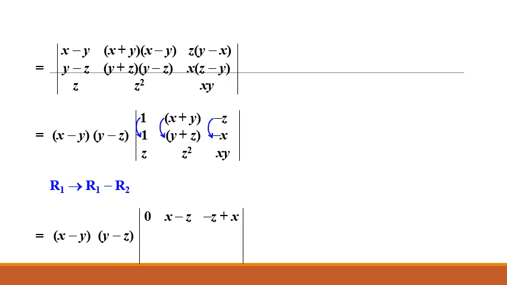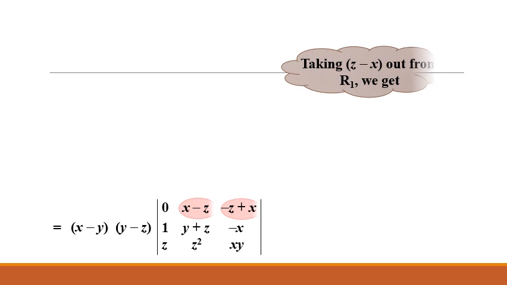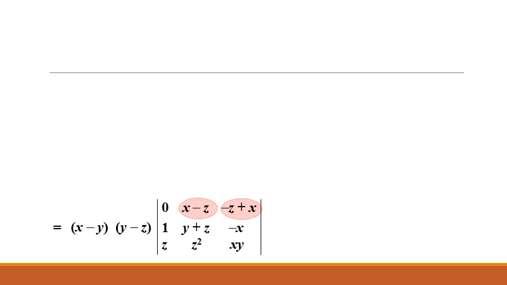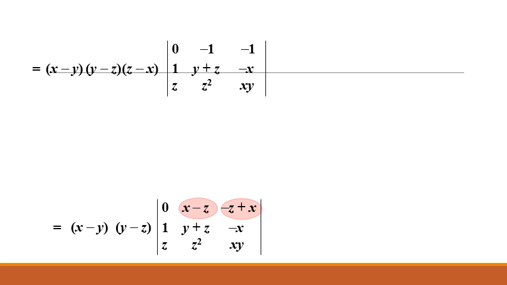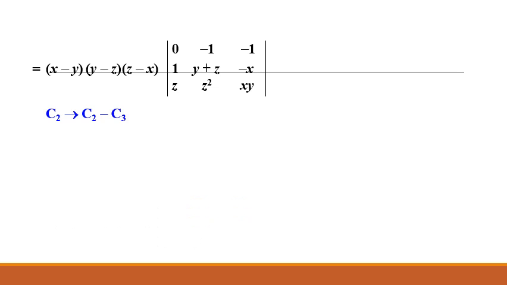We get 1 minus 1 is 0, x plus y minus y plus z, which will be x minus z, and the third element will be minus z plus x. Next, write down the elements of R2 and R3 as it is. So take out z minus x common from R1. We get x minus y, y minus z, z minus x outside, and the determinant 0, minus 1, minus 1; 1, y plus z minus x, z square, and xy.